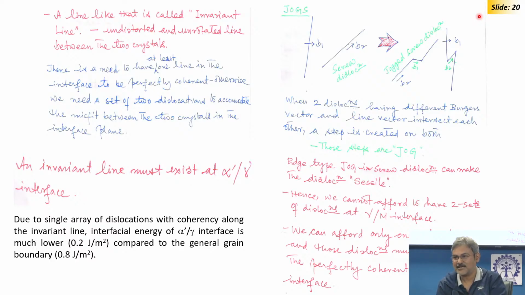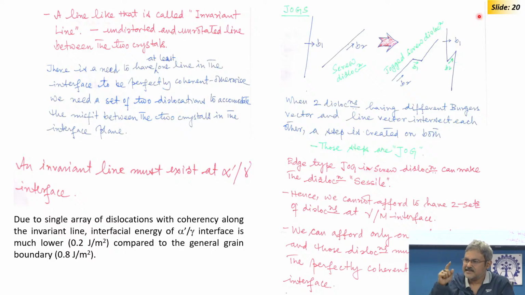So the dislocation line has to be immobile then. So to take care of the single array of edge dislocations, there comes the most important requirement: the line along the dislocation line vector has to be invariant.